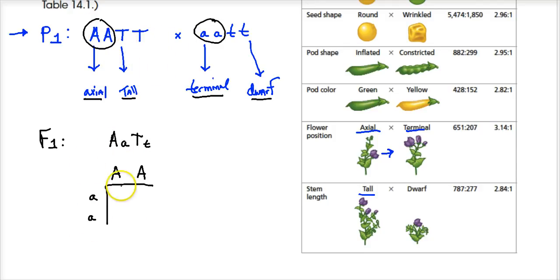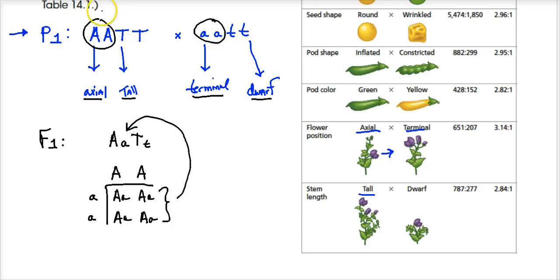So if I was to make a simple Punnett square, I would have big A, little a, big A, little a, big A, little a, big A, little a. So just putting together these two alleles and crossing them without considering the T's, you can see that all of my genotype would be the same, which is A, little a.